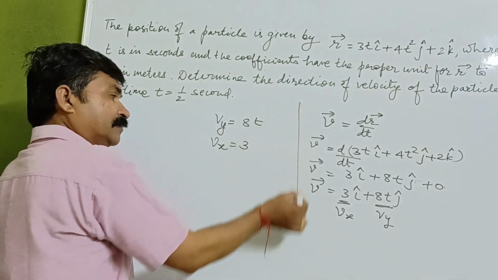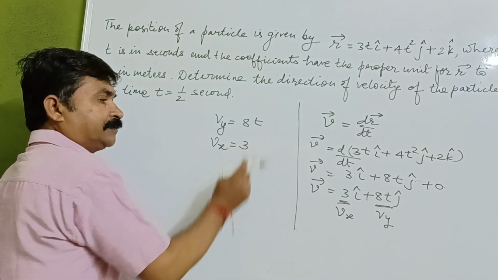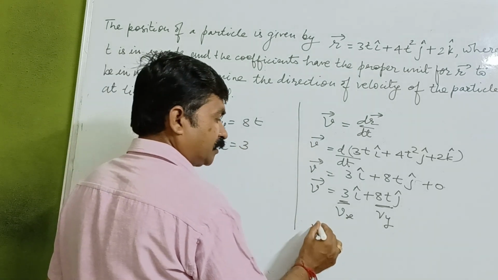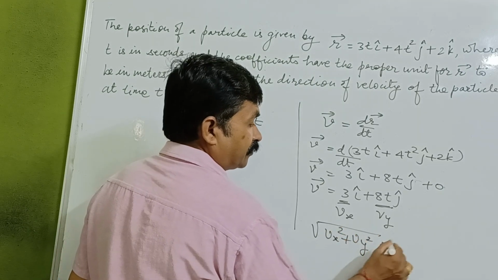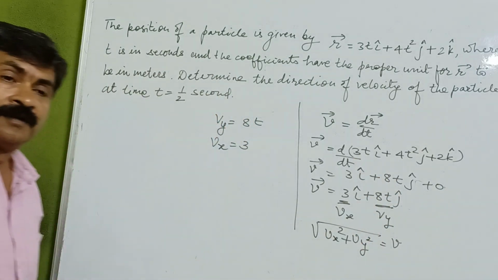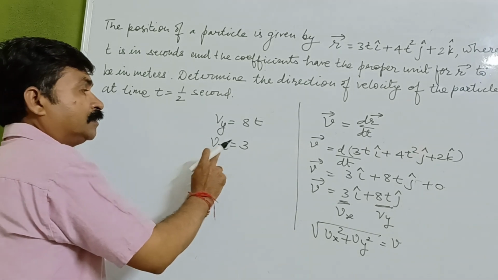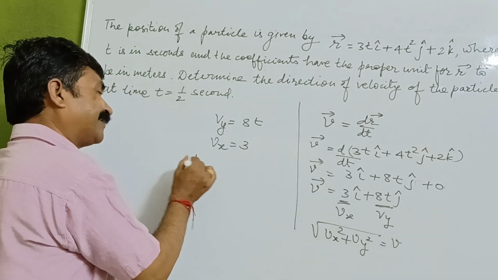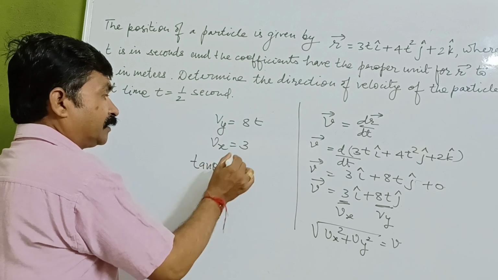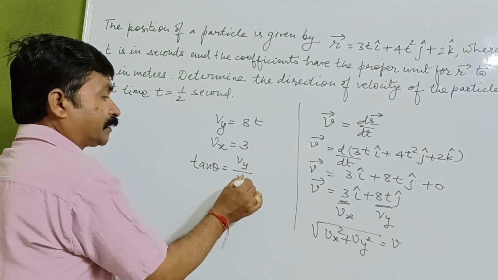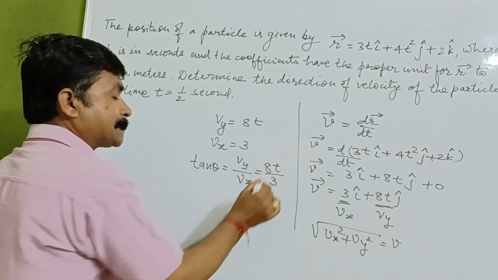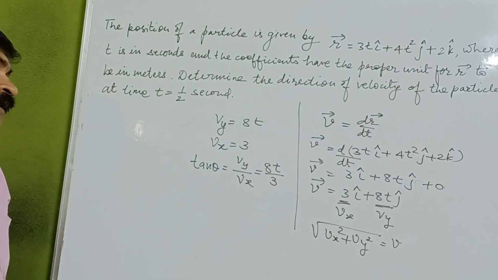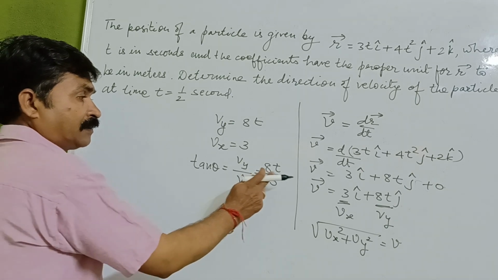And if you want to know the magnitude, we can determine it with the help of Vx square plus Vy square, which will give the magnitude. But here we want to know the direction. So tan theta will be equal to Vy upon Vx, which is 8t upon 3.